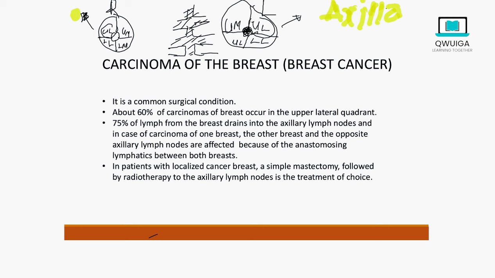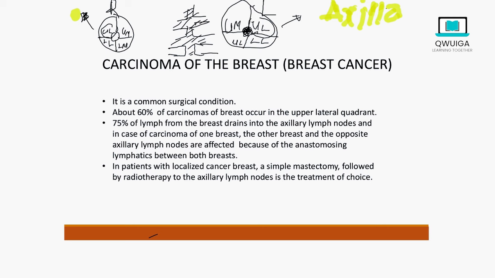Now we know 75% of the lymph of the breast drains into the axillary lymph nodes, which are located upper and laterally. In the case of carcinoma on one breast, the other breast and the opposite axillary nodes could be affected due to anastomosing of lymphatics between both breasts.